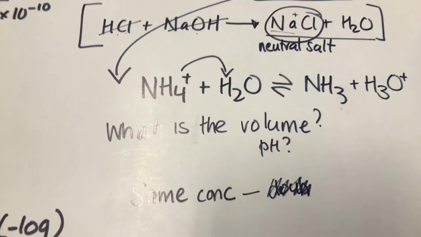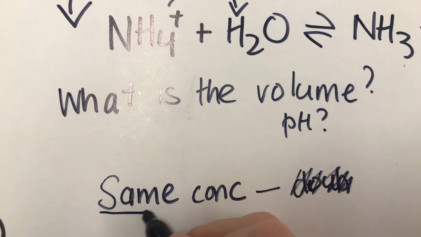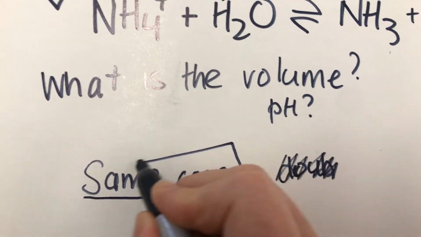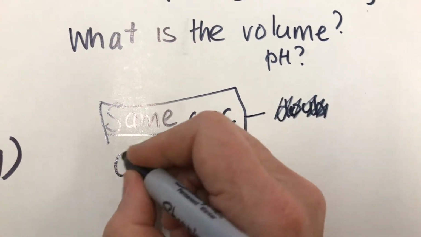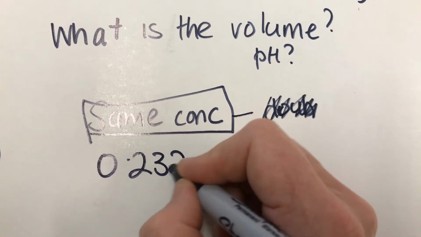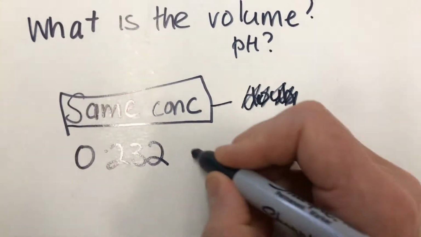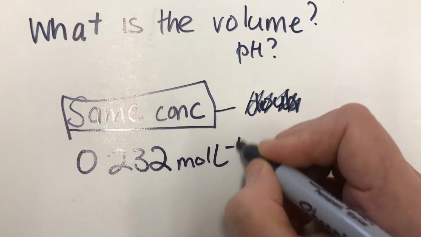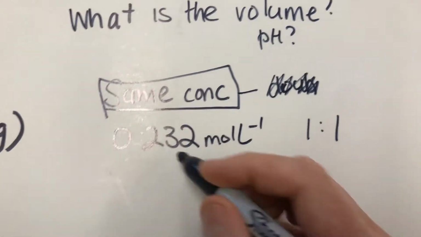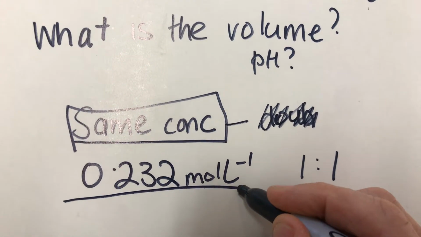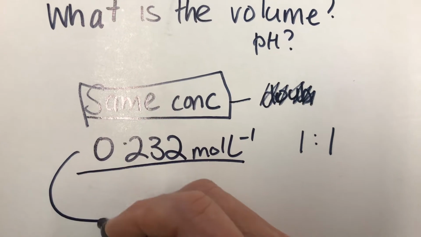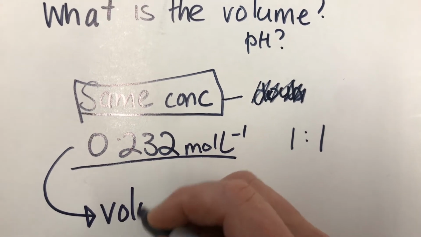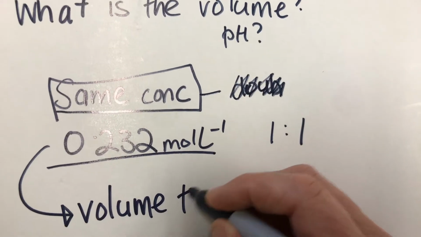Okay, the good thing about this question is that our acid and base are of the same concentration. So they're both 0.232, and they react in a 1-to-1 mole ratio. So if we have the same concentration of an acid and a base, then we can actually just say the volumes are also going to be the same.